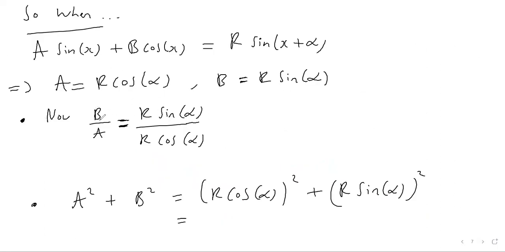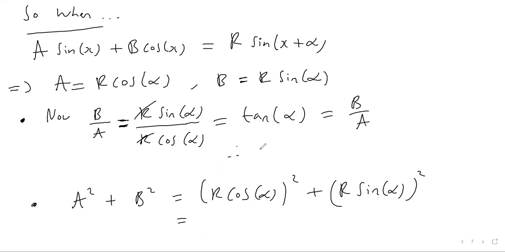Let's look at b divided by a and see what happens. b divided by a is r sine alpha divided by r cos alpha. So the r's cancel out, and you're left with sine alpha over cos alpha. This is going to be tan alpha, because remember, sine over cos is tan. So this equals b over a.